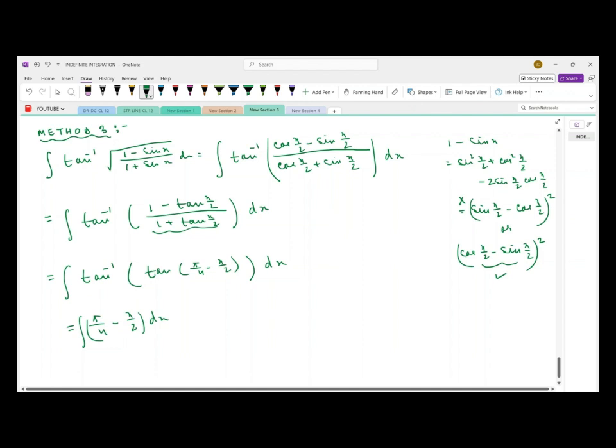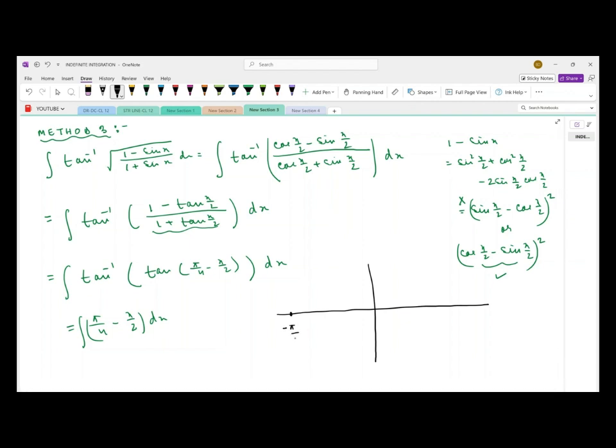Now the question is, why did I use cos x by 2 minus sin x by 2? That is, why did I take the cos first? Now see, if you follow the graph of cos and sine, your x was given lying between minus pi by 2 to pi by 2. This was my domain of the function.